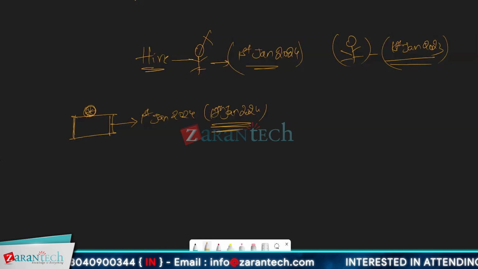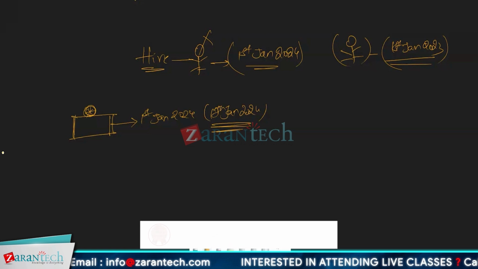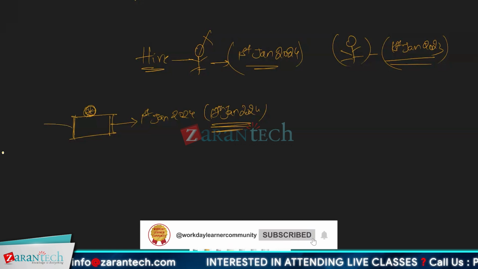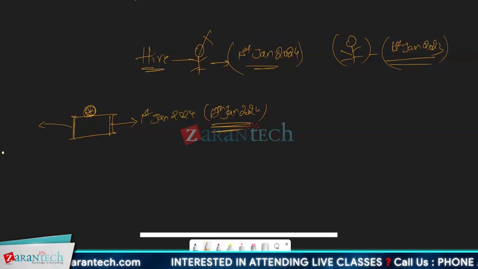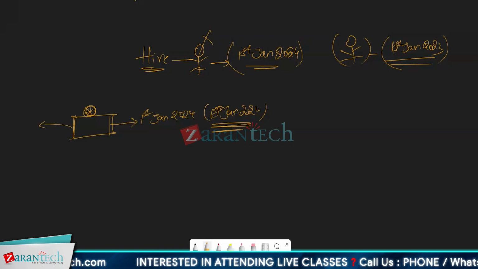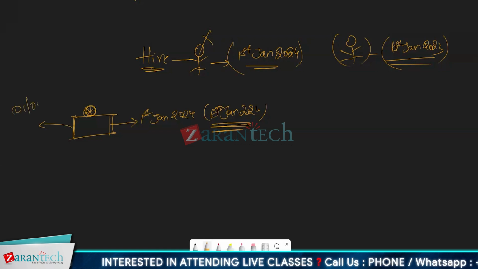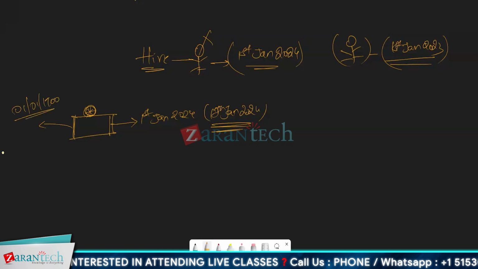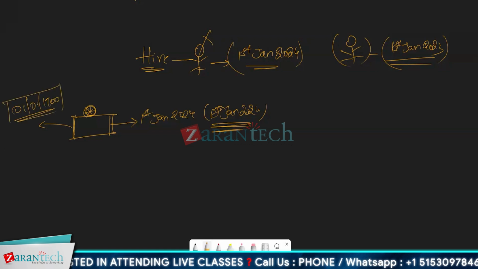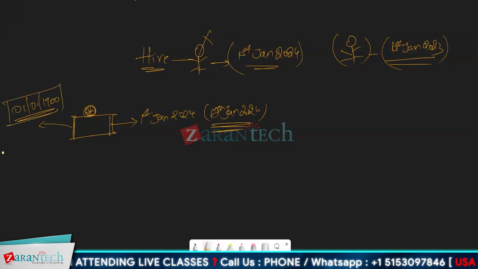In those kinds of cases, if it cannot be determined in a specific way, you can just say that you want this particular list of orgs to be available since forever, and then you will just say 01/01/1900. So this is like a placeholder date which dates back to 1900.